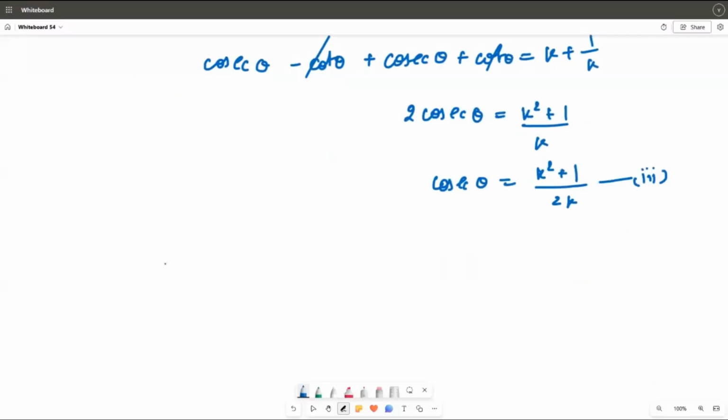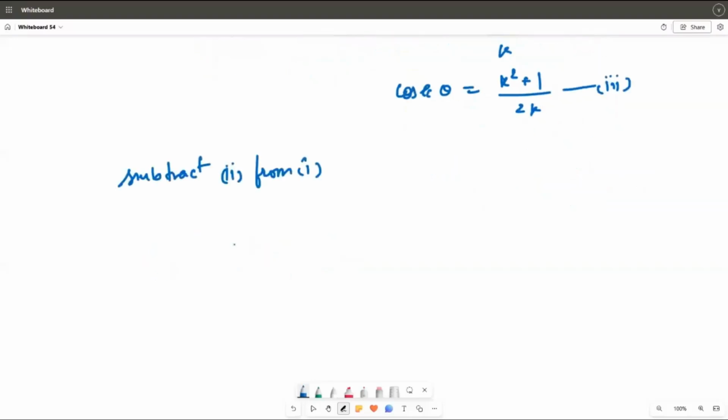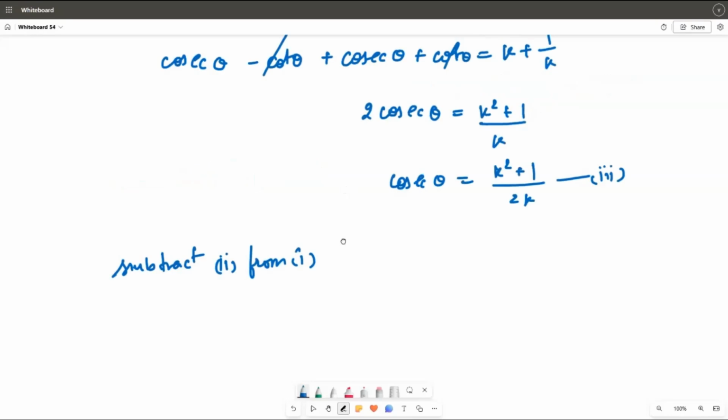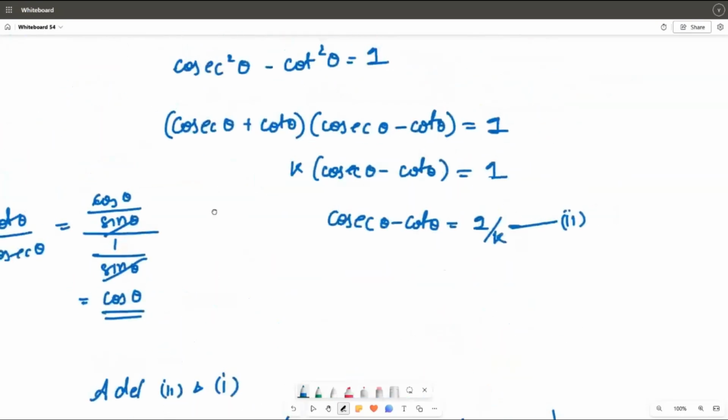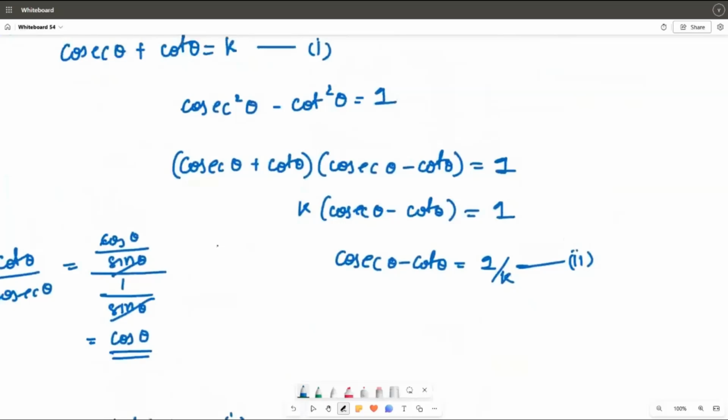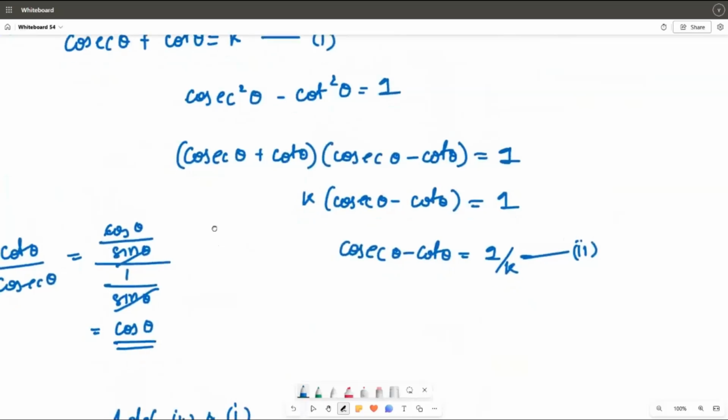And to find cot theta, let's subtract the second equation from the first equation. The second equation has cot theta which is negative, so I will subtract the second equation from the first equation.